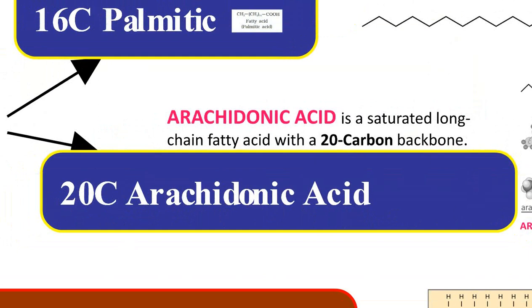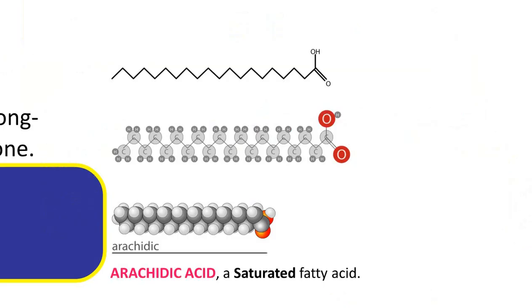Here we need to consider the carbon present in the functional group also, that is the carboxylic acid. Yes, here is the 20 carbon arachidic acid. Overall 20 carbons are present, including the carbon present in the carboxylic acid. And usually this arachidic acid is a saturated fatty acid.